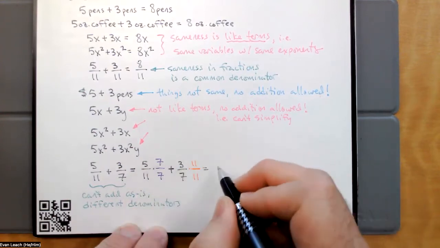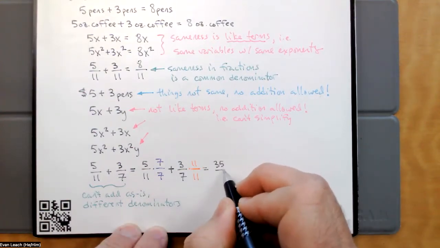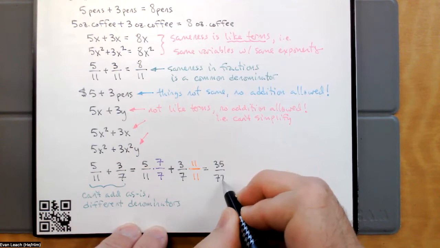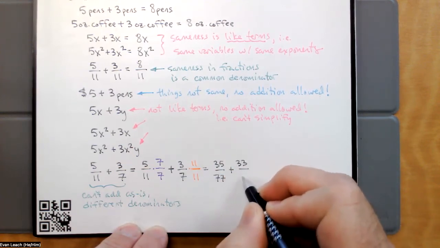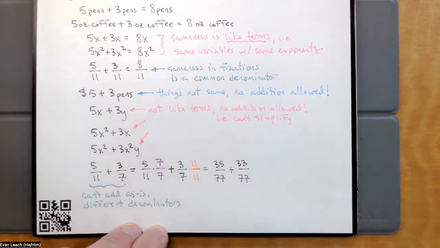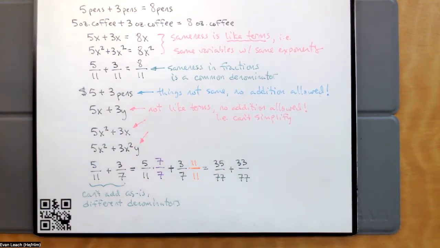So 5 times 7 is 35 over 77. 3 times 11 is 33 over 77. Now we can add because we have the same denominators.